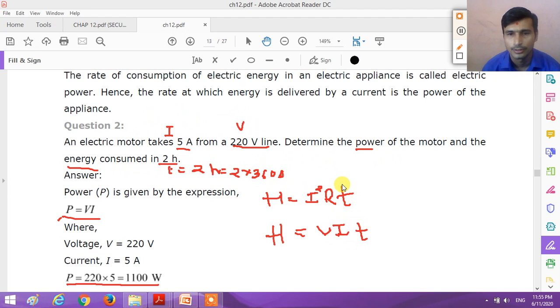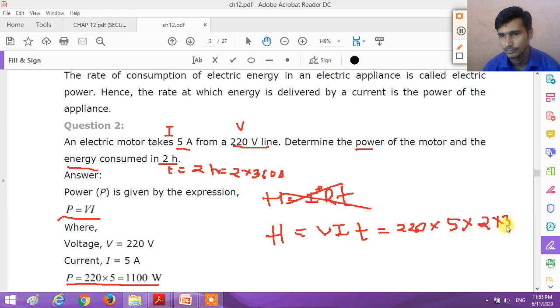So we can use the formula H is equal to V I into T. Take V is equal to 220 multiplied by I is equal to 5 ampere and T 2 multiplied by 3600. Calculate this, we get the energy consumed by the motor in 2 hours.